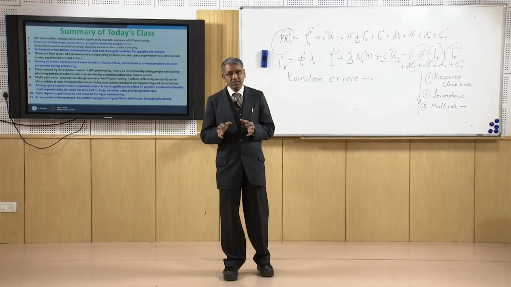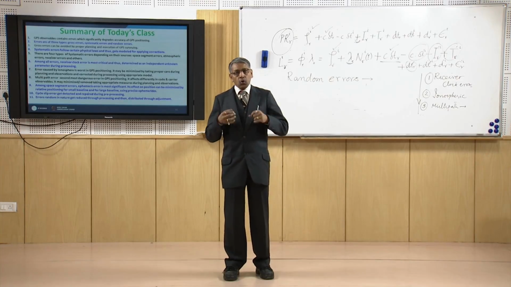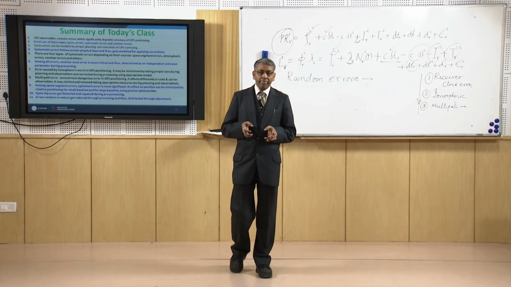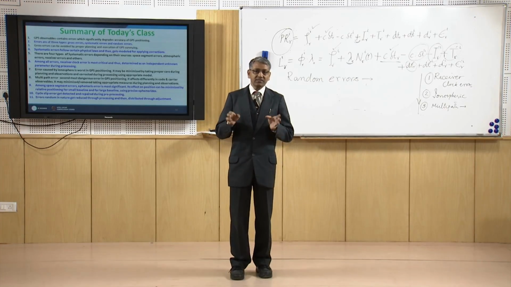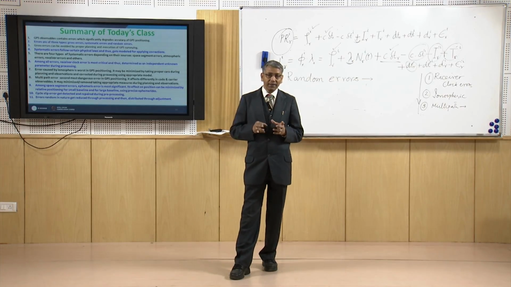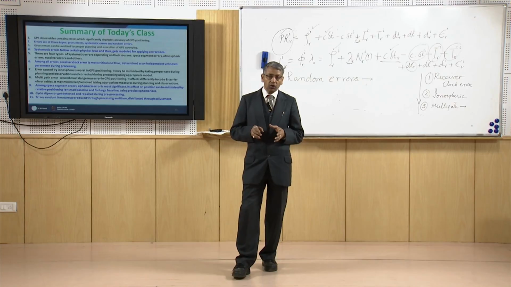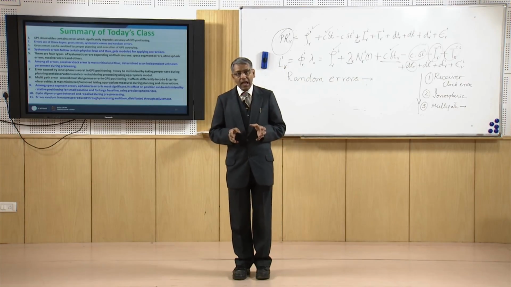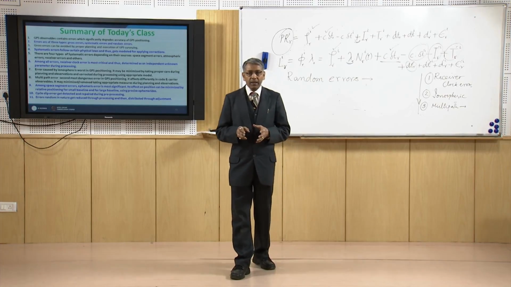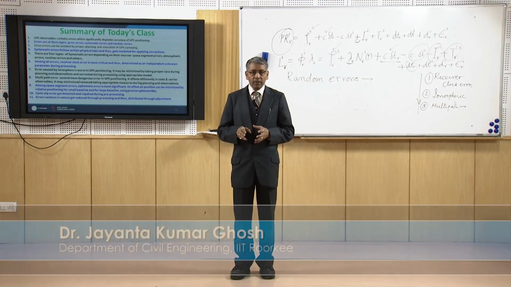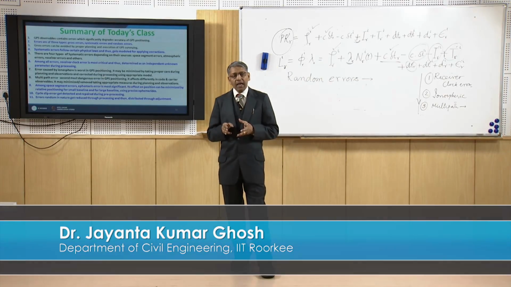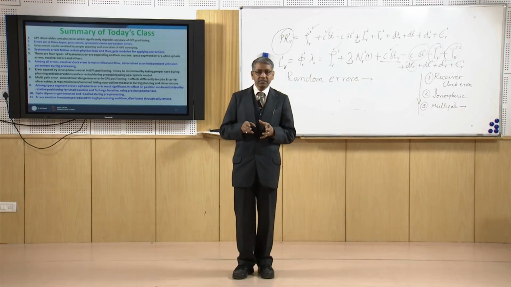Gross errors are mistakes which we can avoid by taking due precaution. Systematic errors are always there, so we have to make use of some model or methods to minimize or remove them. Random errors can be minimized through meticulous planning and execution of surveying as well as statistical analysis.